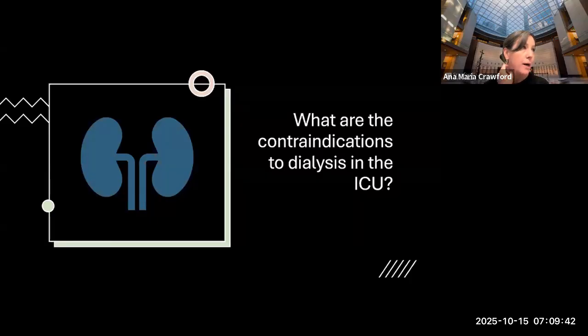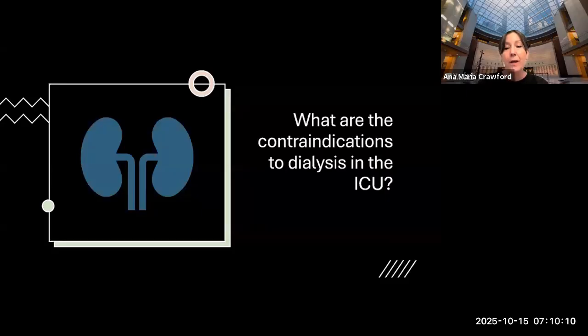And when you start intermittent hemodialysis or even continuous renal replacement therapy, hypotension can become a problem. Sometimes that is refractory to vasopressors and inotropes. So we may actually have to slow down the rate at which we dialyze our patients. So we may consider the continuous forms or the slow, low efficiency dialysis.